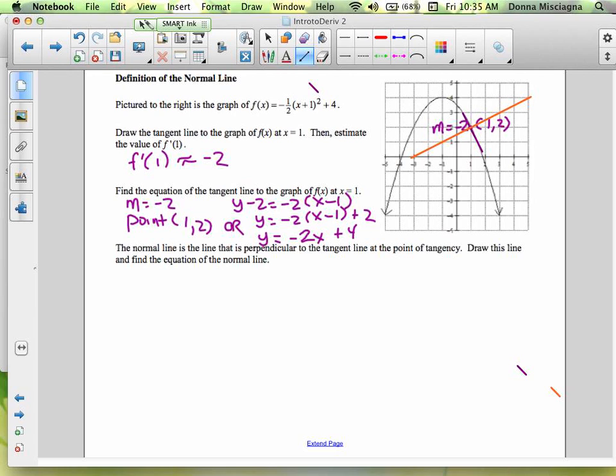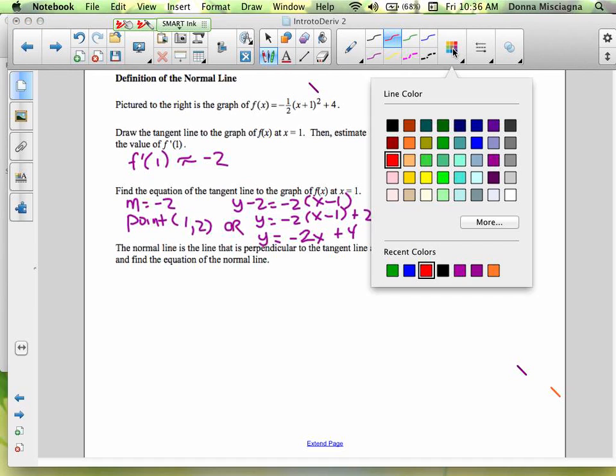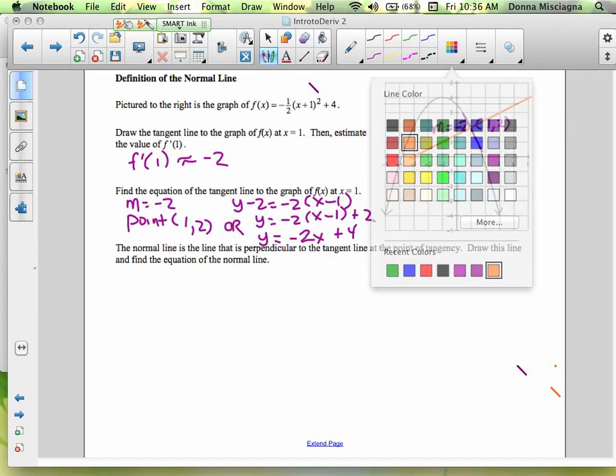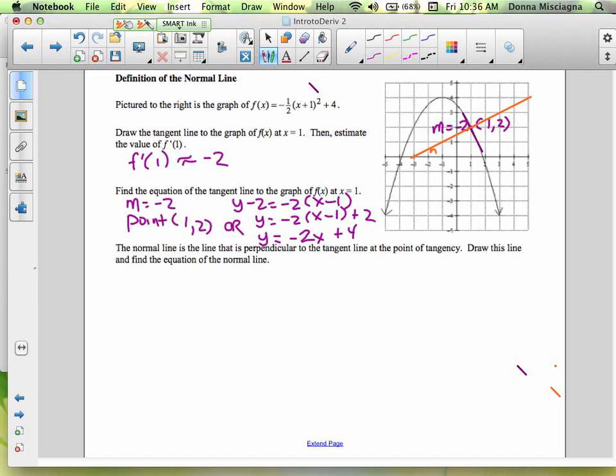There we go. So that is our normal line. I'll just put normal line. The purple was the tangent line. The orange is the normal line.